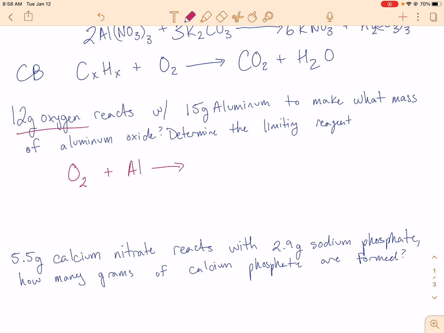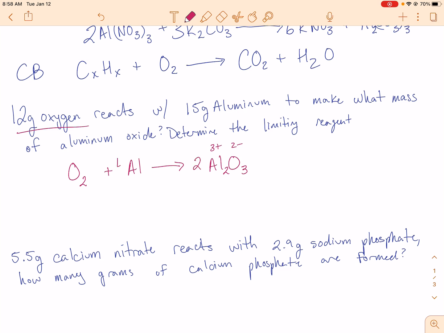So this is going to be a combination reaction. So aluminum is going to be with oxygen. We need to look at the charges here, 3 plus, 2 minus, you cross those charges, Al2O3. Then you also do need to balance this equation. So we would put a 2 here, 4 here, 3 there.